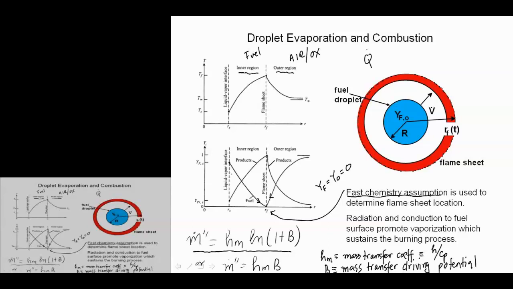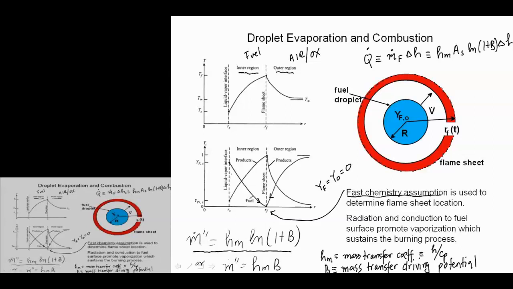If we wanted to understand what the heat release rate of a condensed phase burning process is, one way to do it is to talk about the mass transfer rate for the fuel times the heat of combustion. So what we just said is that we might be able to do this by HM, and so either log of 1 plus B or B times now this delta H combustion.